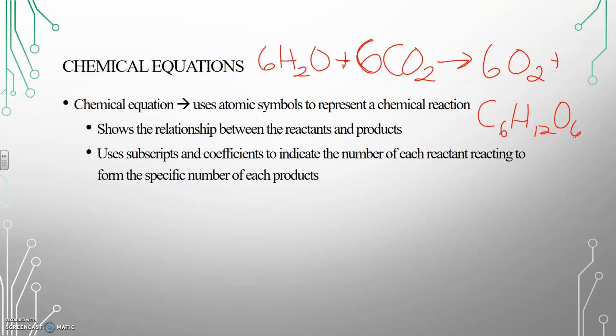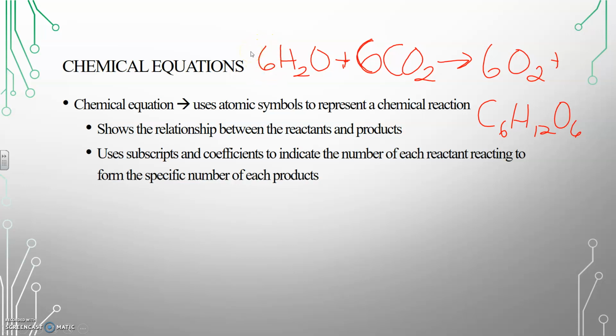So the subscripts here are the smaller numbers that are underneath the elements. So we have our atomic symbols. H stands for hydrogen, O is for oxygen. The 2 here tells us that we have 2 hydrogens in this compound with this oxygen. Now this is a coefficient, this giant 6 here.